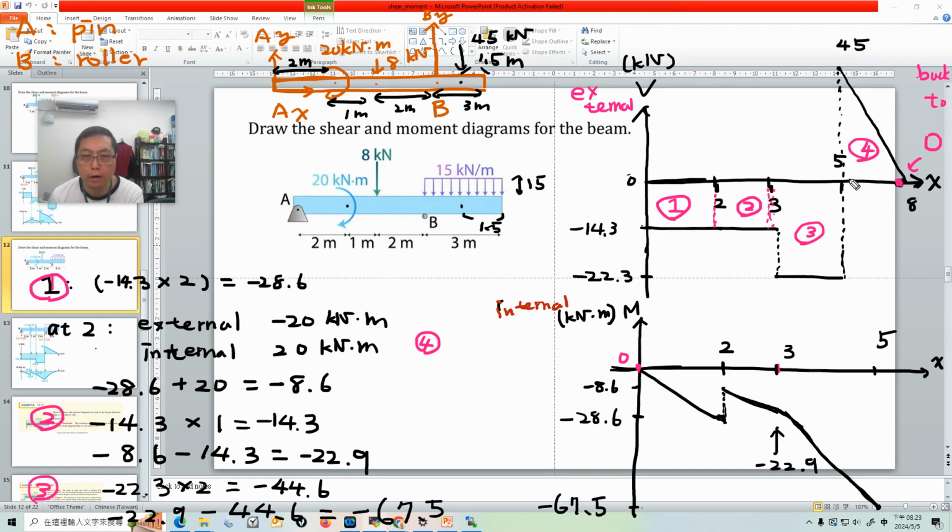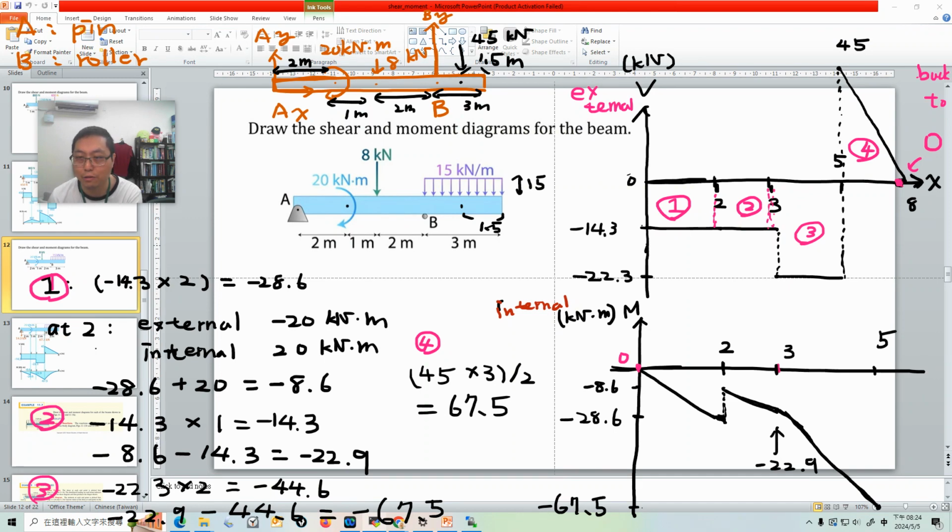The base is 8 minus 5, which is equal to 3, and it's a right triangle, so you have to divide it by 2. So the value is exactly 67.5.